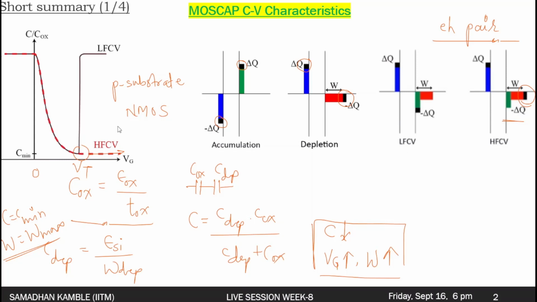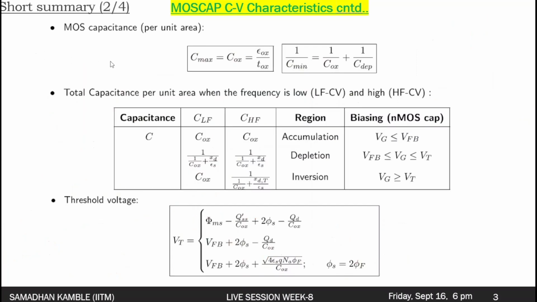Okay, so if we move to the next slide, I think this is about the MOSCAP CV characteristics. Again, I have just summarized a few results here. The C max, that is the maximum capacitance, is actually the oxide capacitance only, which is a geometric capacitance, and the C min, which is a function of both the oxide capacitance and the depletion capacitance, is shown here.